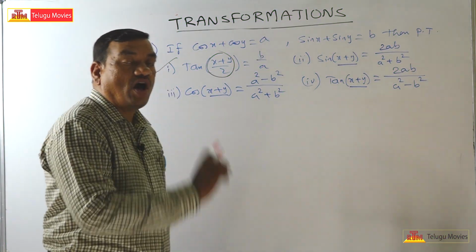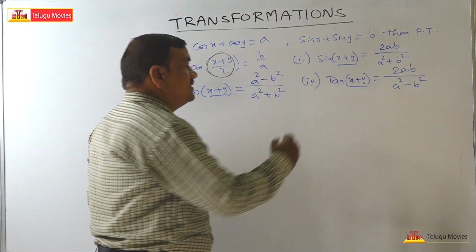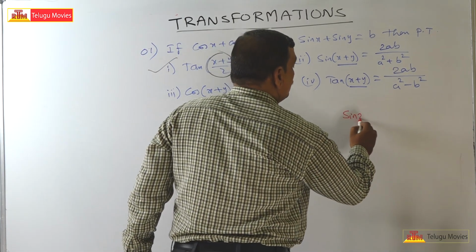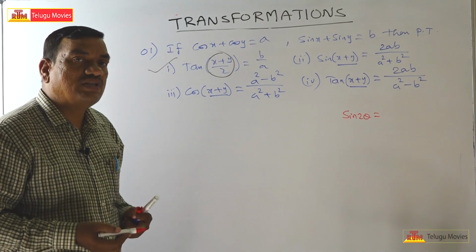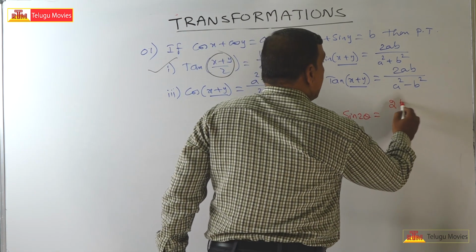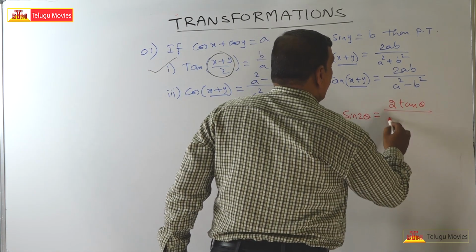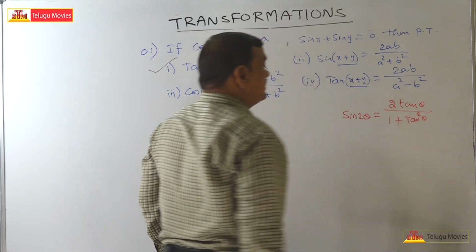We have one formula, the sin 2 theta formula in terms of tan. Actually the sin 2 theta formula is 2 sin theta cos theta. In terms of tan, what is the formula? 2 tan theta upon 1 plus tan square theta.